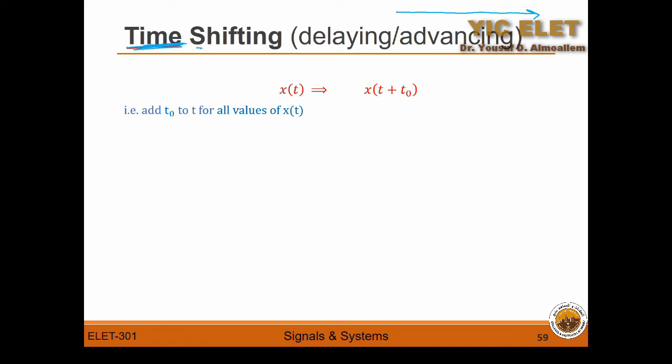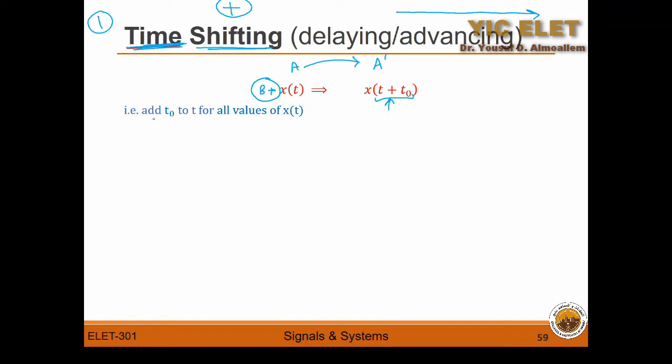Since we're talking about the first type, which is shifting, here we will be talking about addition. So this is the original signal A, and this is the transformed signal A prime. And let's note that we did not add the constant to the signal itself, rather we add the constant to the argument, to the t itself.